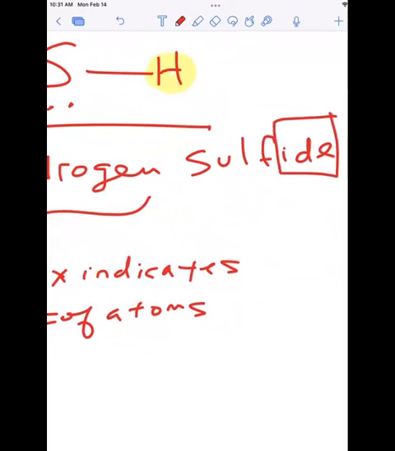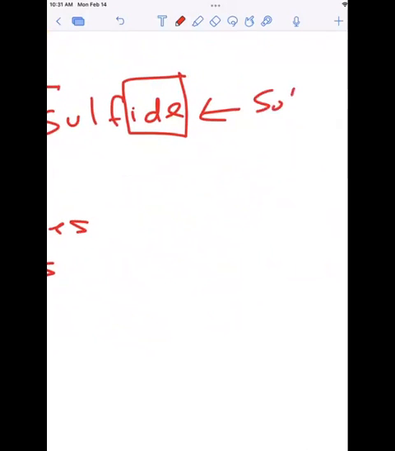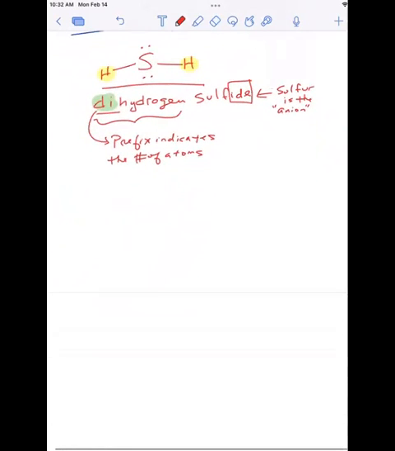That -ide is indicative of the fact that sulfur is the anion, even though it's not ionic. Since sulfur is in group 6, it's going to be just like oxygen.